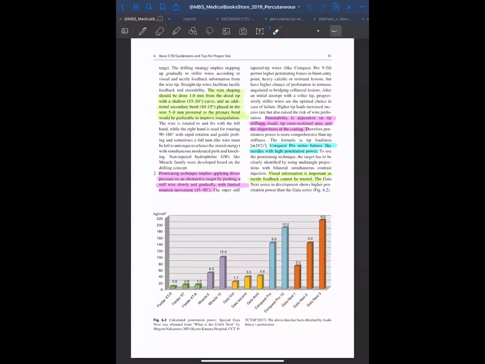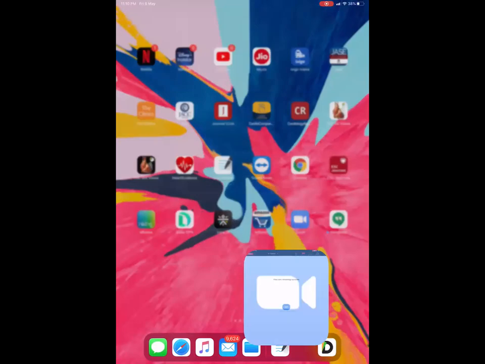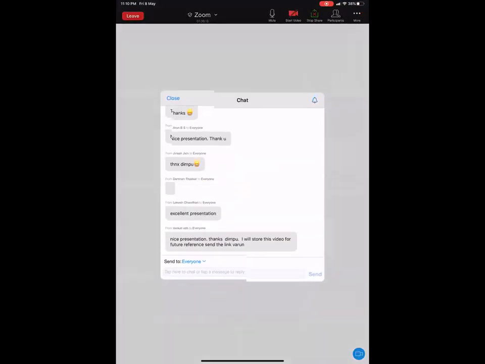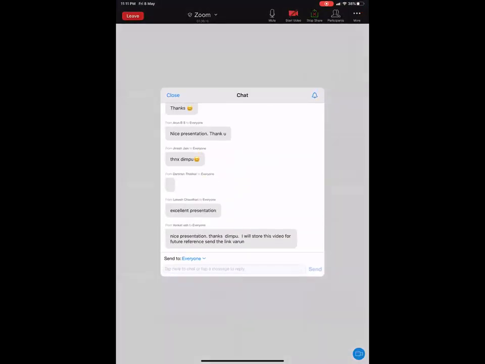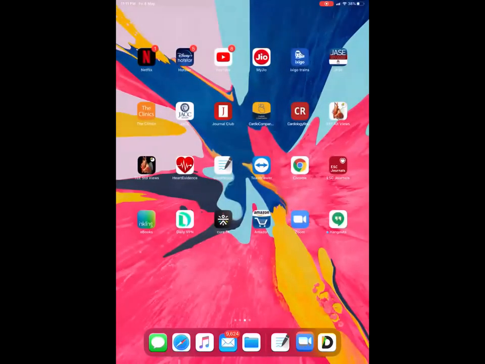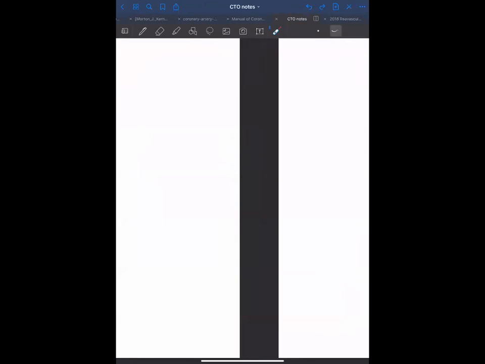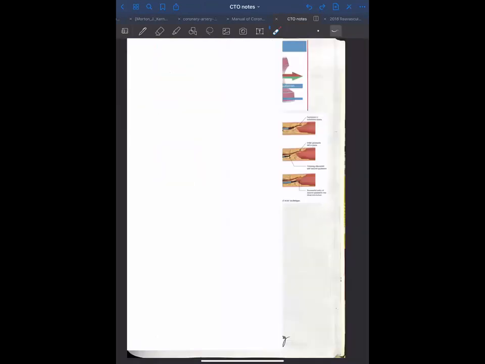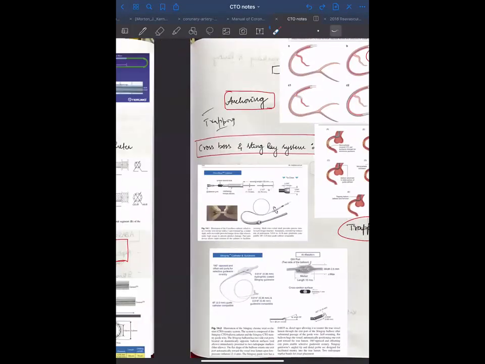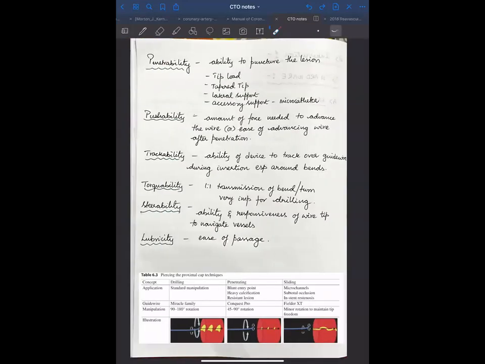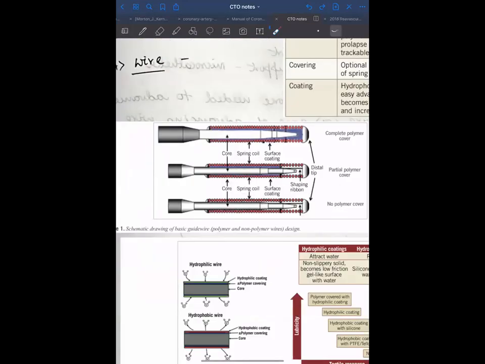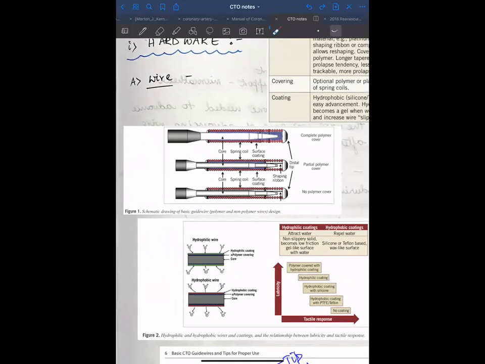One more thing I wanted to ask that time, I did not ask. Can you go to that diagram of the wire, the microscopic picture, in the beginning, the tip of the wire? Exactly. In that, I just wanted to know, the ribbon design, only those wires we can bend for the primary curve, no?